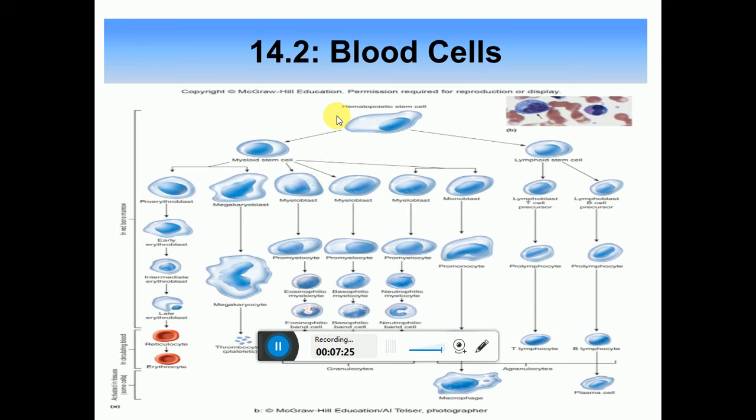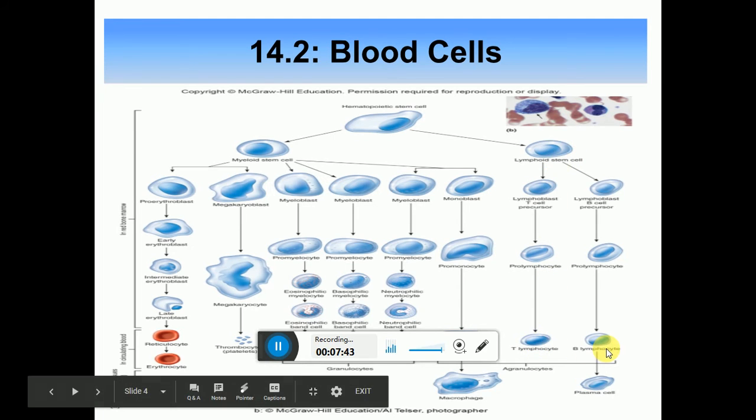So all of our blood cells start off as hematopoietic stem cells, and that stem cell has the ability to become one of two different kinds of stem cells: either a myeloid stem cell or a lymphoid stem cell. Lymphoid stem cells end up giving us only T or B lymphocytes.